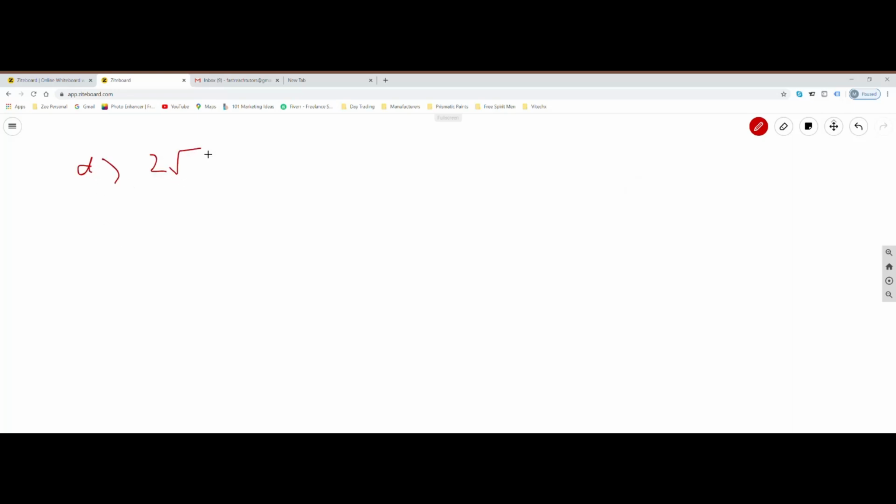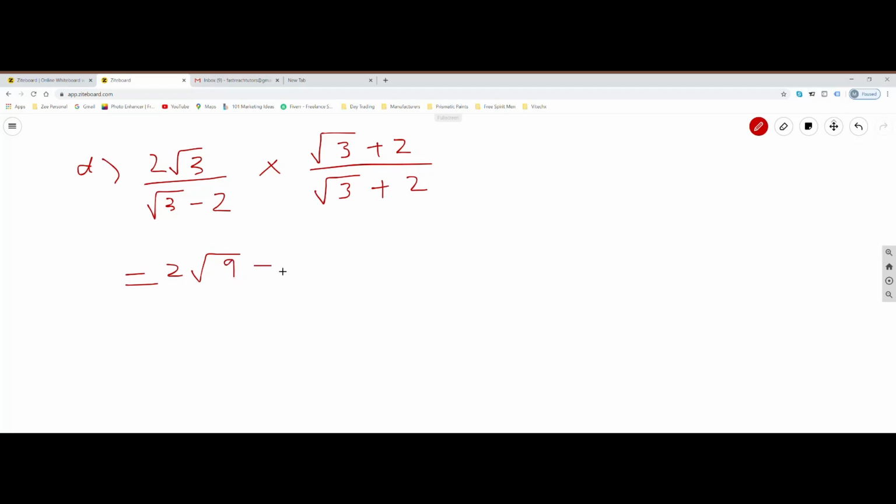Okay, so now let's look at D. 2 square root 3 over square root 3 minus 2. So you're going to multiply by the conjugate, which is square root 3 plus 2 over square root 3 plus 2, equals 2 times square root 9 plus 4 square root 3 over 3 minus 4.